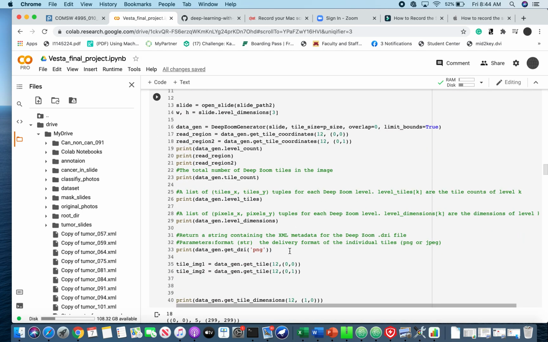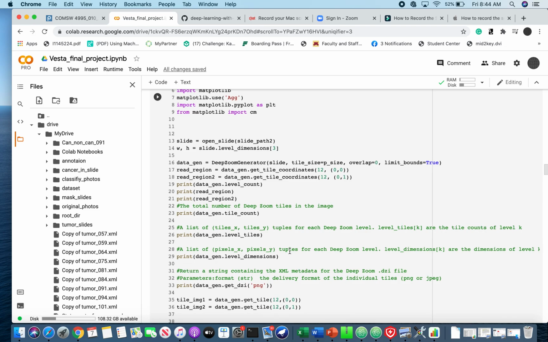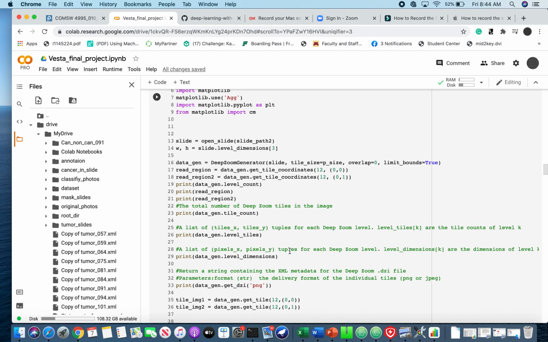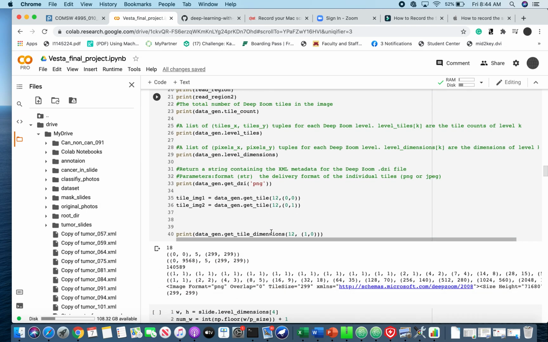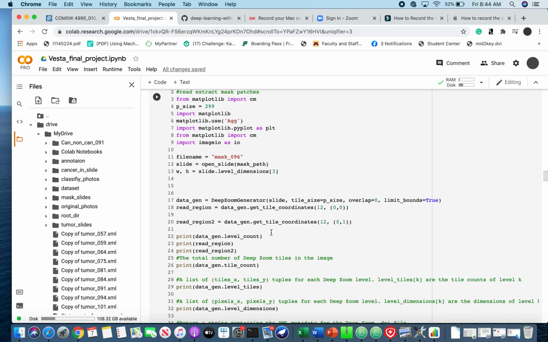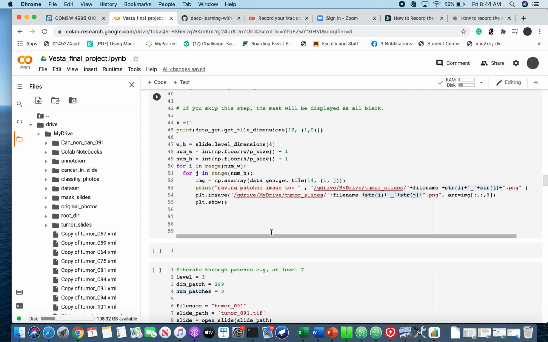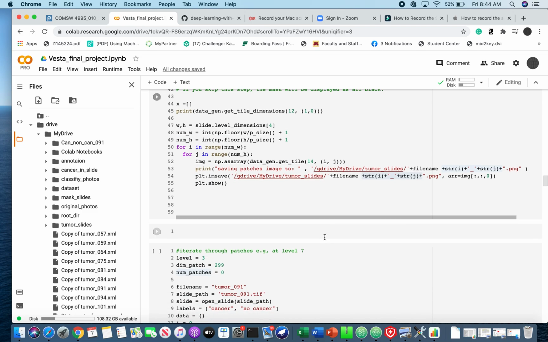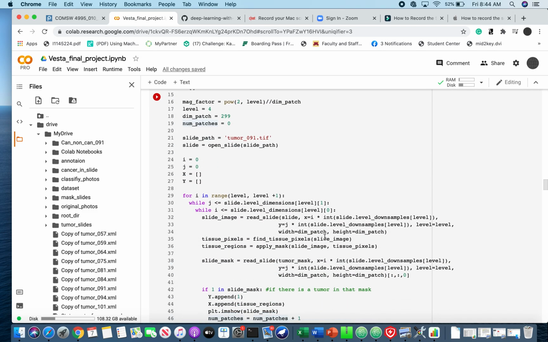So this is the code that I used again because I used a lot of methods to see how I could extract lots of tiles and be able to make this work. Again, I started this one, I saved for the mask and I had problems as I said.